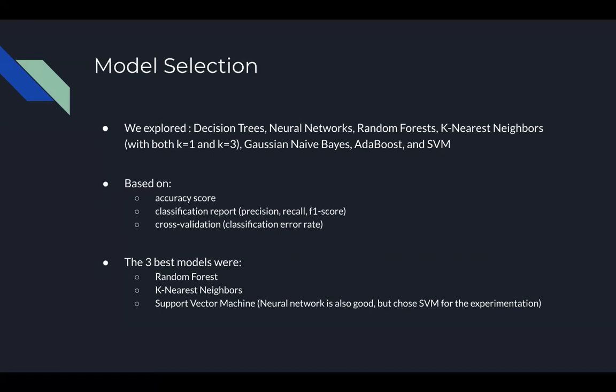These models are random forest, KNN, and SVM. It's worth noting that we chose SVM over neural networks, despite the latter achieving 100% accuracy in our initial tests. We made this decision because we wanted to explore the potential for further improvement.